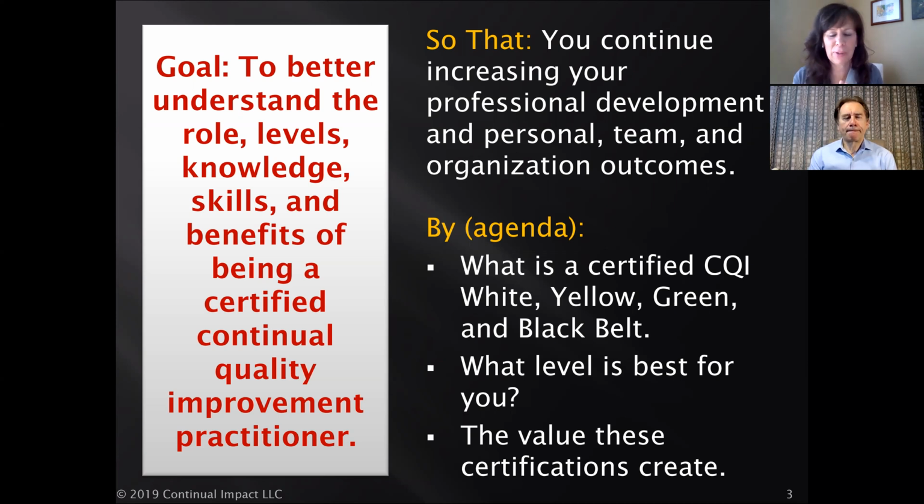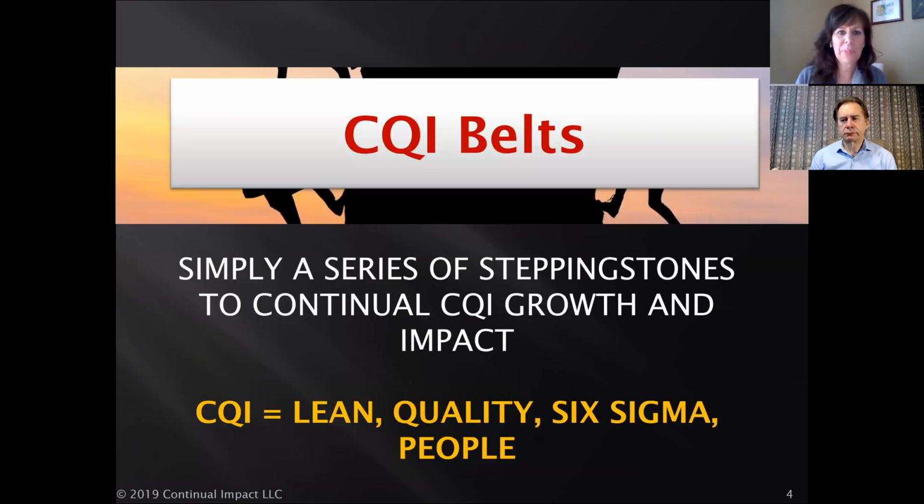There's a place for everyone here, and along the way we'll talk about each of these levels. What's the value? What's the benefit that you can bring at that level? When we talk about CQI, just to level set, CQI for us is that whole breadbasket. It's continuous improvement, it's lean, it's quality, it's Six Sigma.